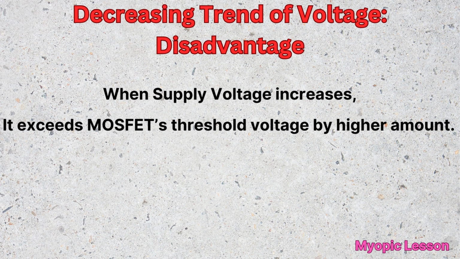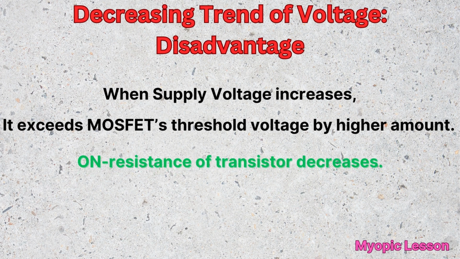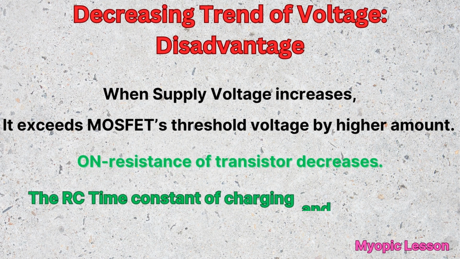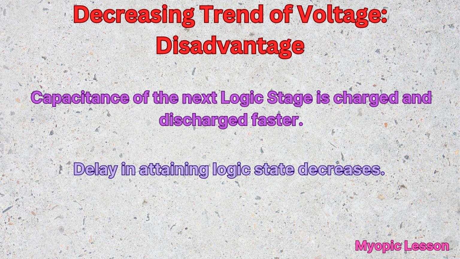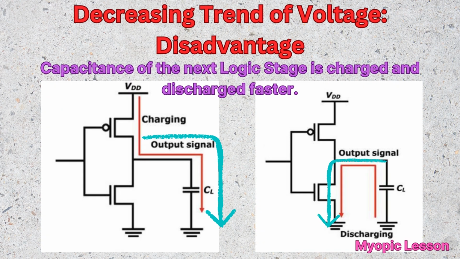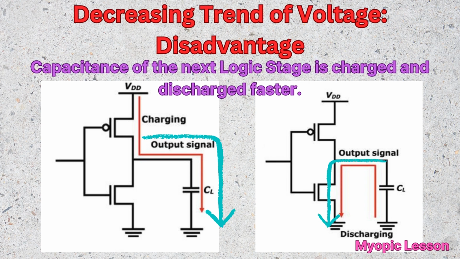When the supply voltage is considerably higher than the threshold voltage of MOSFET, its own resistance decreases. The RC time constant of charging and discharging reduces. The delay of attaining logic state reduces as the charging and discharging becomes faster.